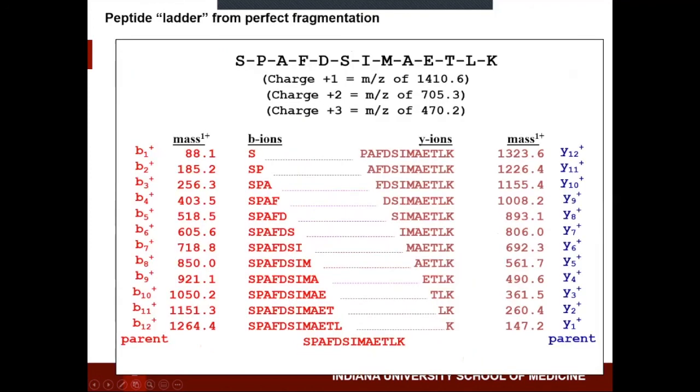And in this perfect fragmentation world, you would get this ladder of ions where you're sequencing every piece of the peptide that you started with, from the B and the Y side. And it's very rare that you would actually get to see all of these. You're going to see some number of these. And that's going to give you a clue that's going to let you determine how confident you can be in the identification of this sequence of peptides.